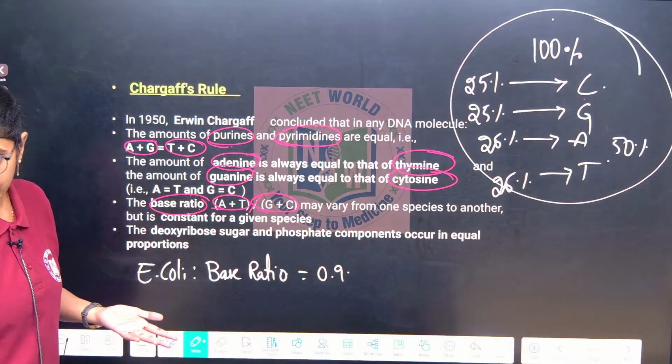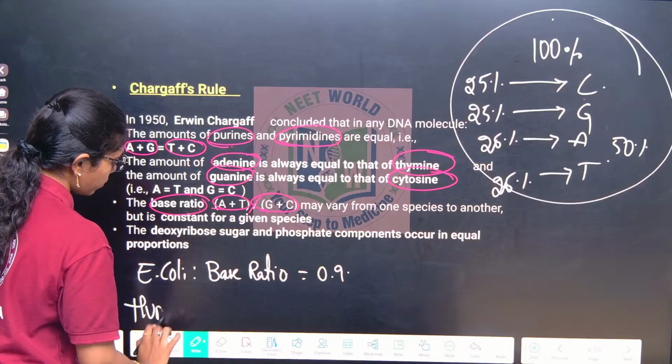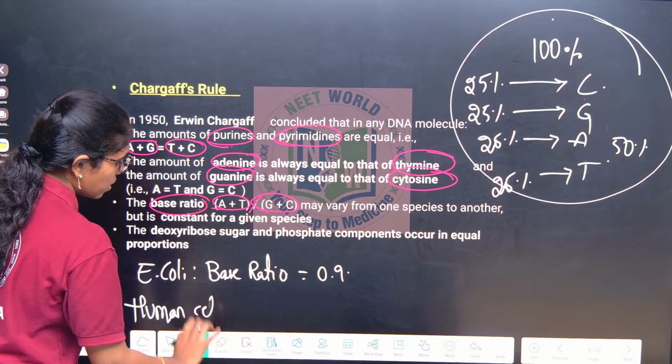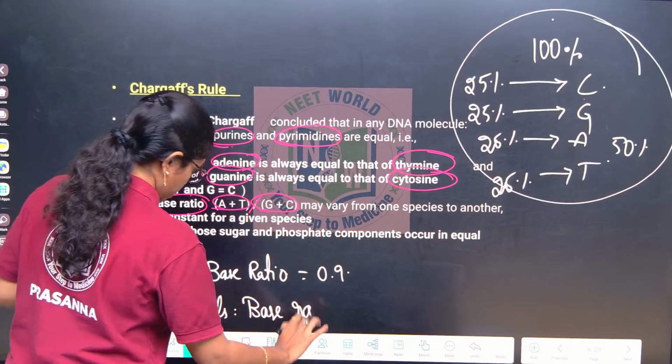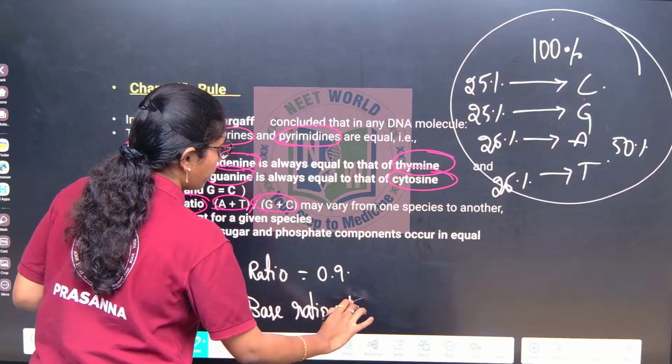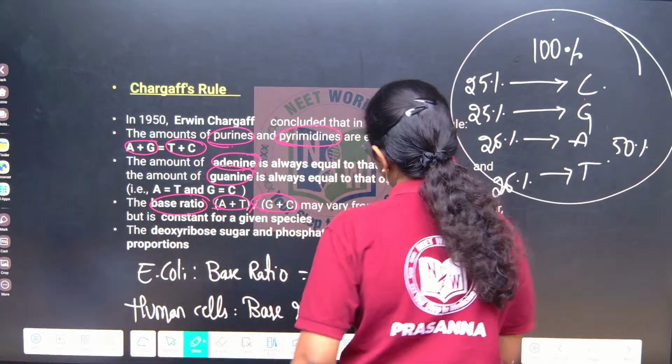Whereas in human cells, eukaryotic cells, base ratio will be 1.33. Clear, right? Any doubt anywhere?